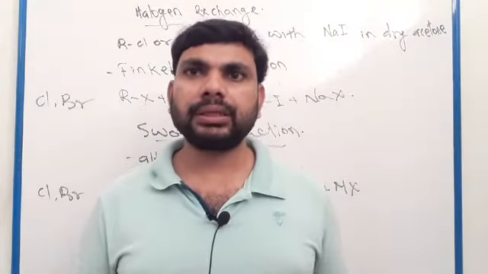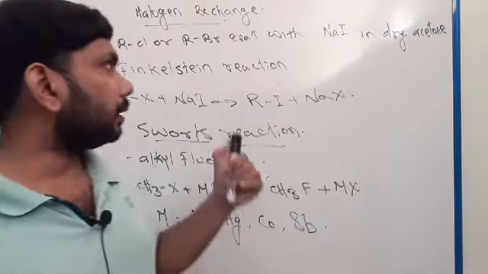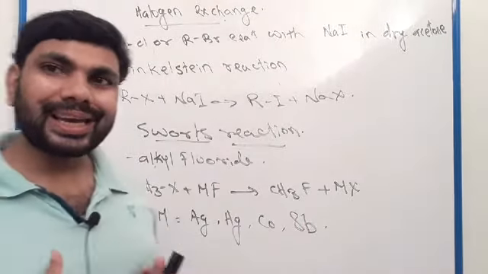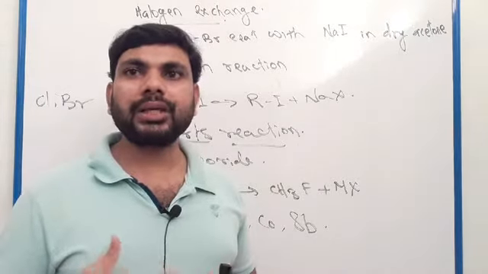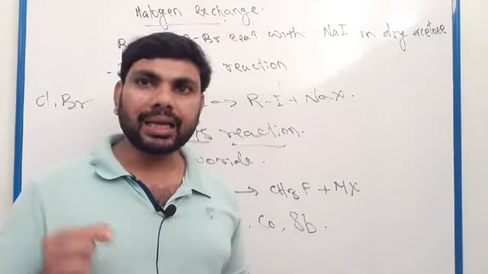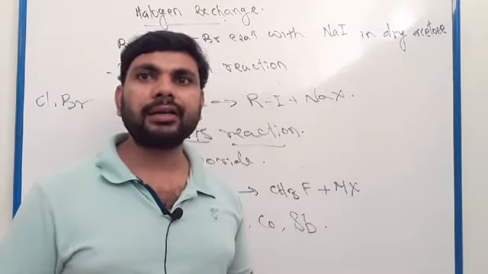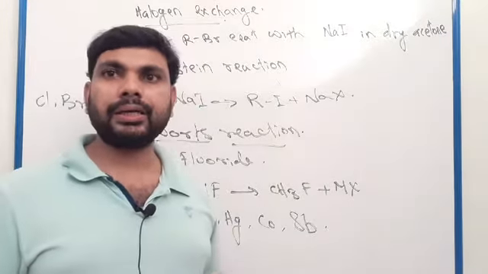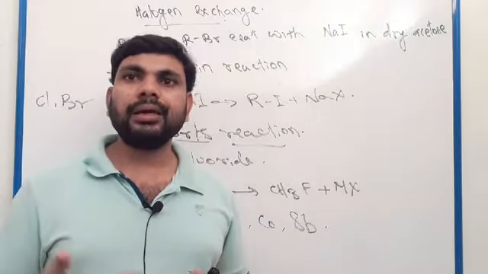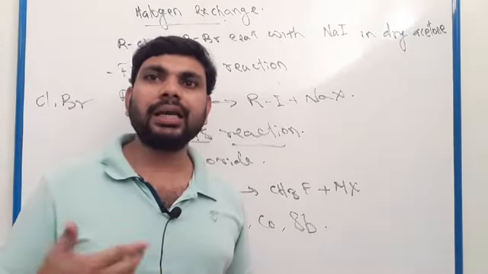Here first one is the halogen exchange method. Alkyl chloride or alkyl bromide reacts with sodium iodide and changes to alkyl iodide.